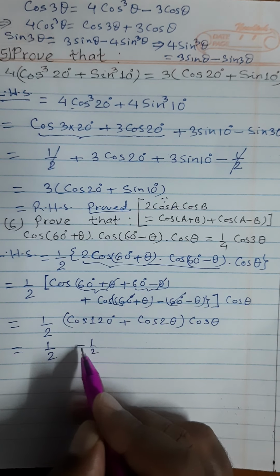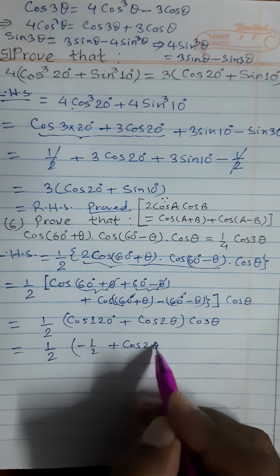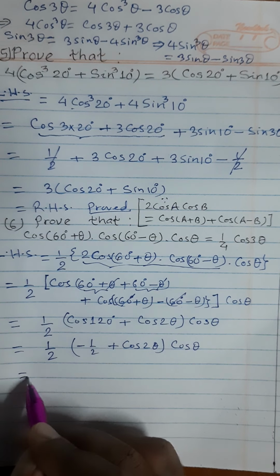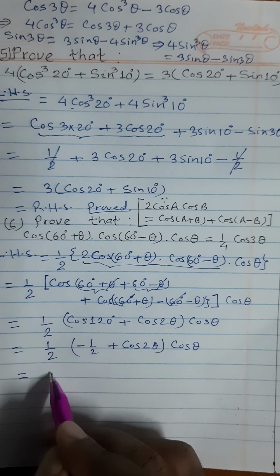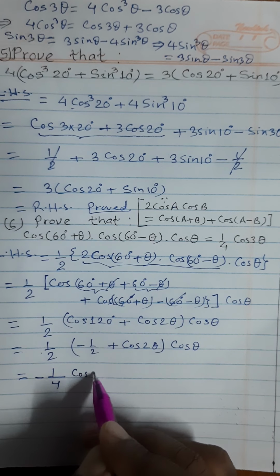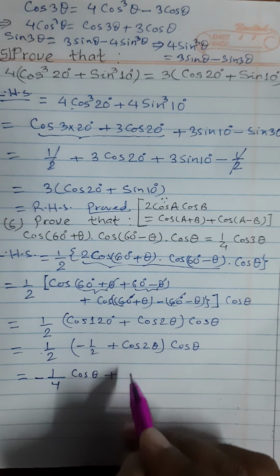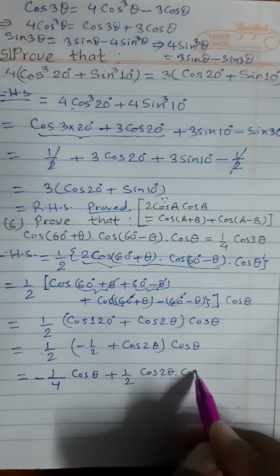That is the value of cos 120 degree, and here we have cos 2 theta, and here we have cos theta, and if you multiply this 1 over 2 times minus 1 over 2, 1 1 is 1, and plus times minus is minus, 2 2 is 4, and this cos theta also multiplies inside, cos theta, and plus this 1 over 2 multiplies here, 1 over 2 cos 2 theta times cos theta.